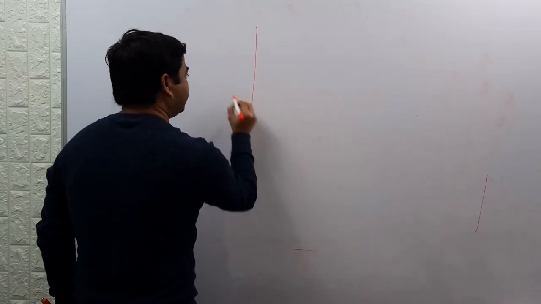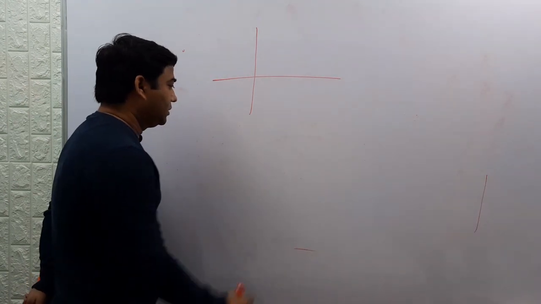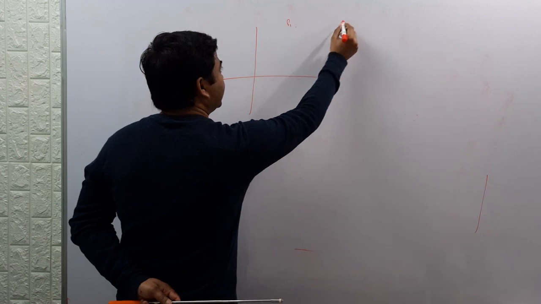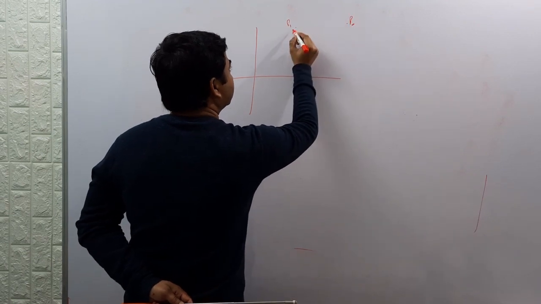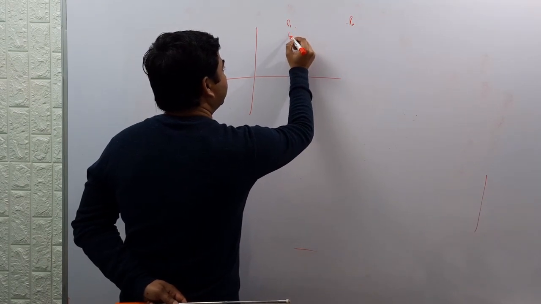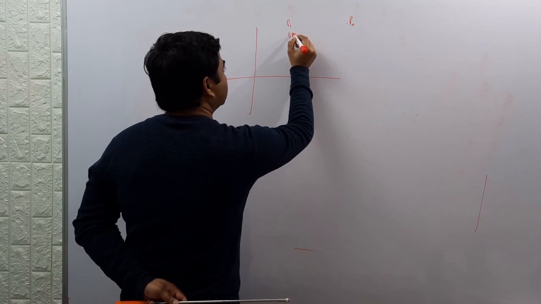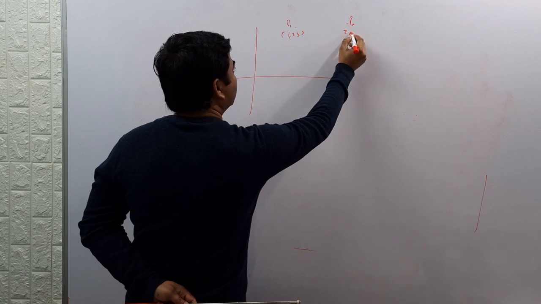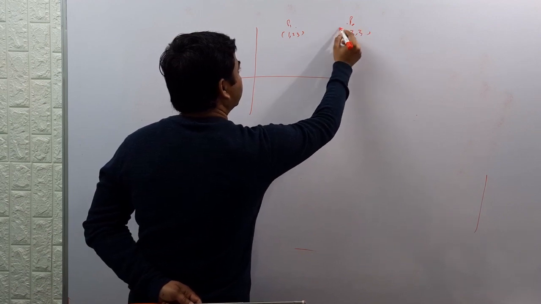For example, there are two points P1 and P2. This coordinate is (1, 2, 3), and this coordinate is (2, 2, 3).